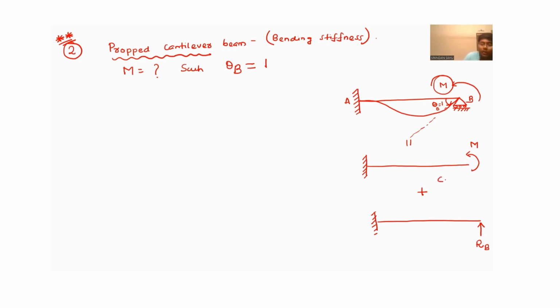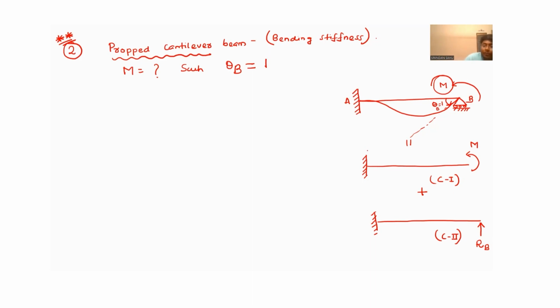Let this be case C1 and this be C2. If you add C1 and C2, will you get your original real beam? Yes, then your real beam you will obtain, correct?